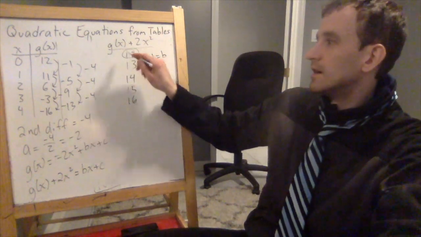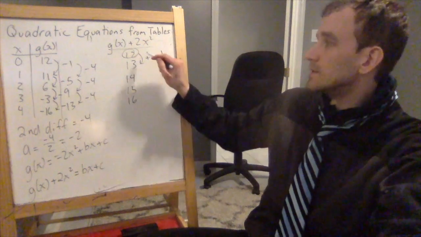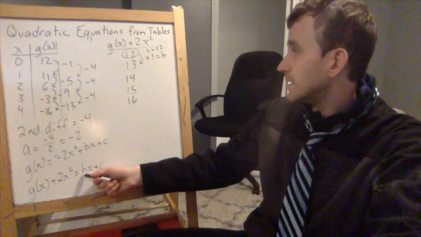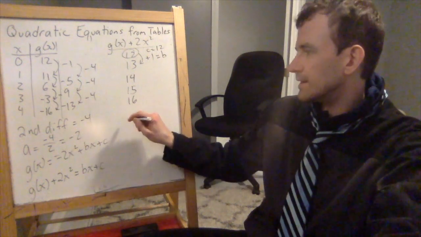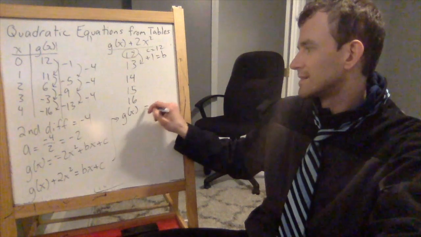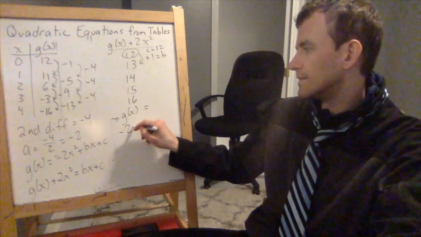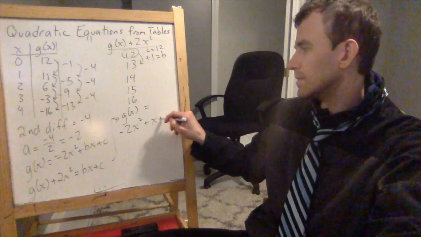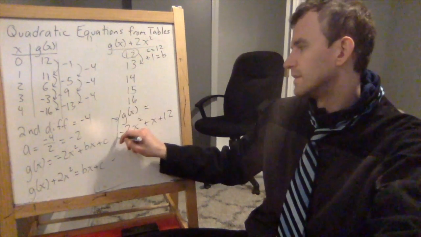And our value when x equals 0 is 12, so we can say that c equals 12. So b is 1, c is 12. So in that case, we know that g of x equals negative 2x squared plus 1x plus 12.